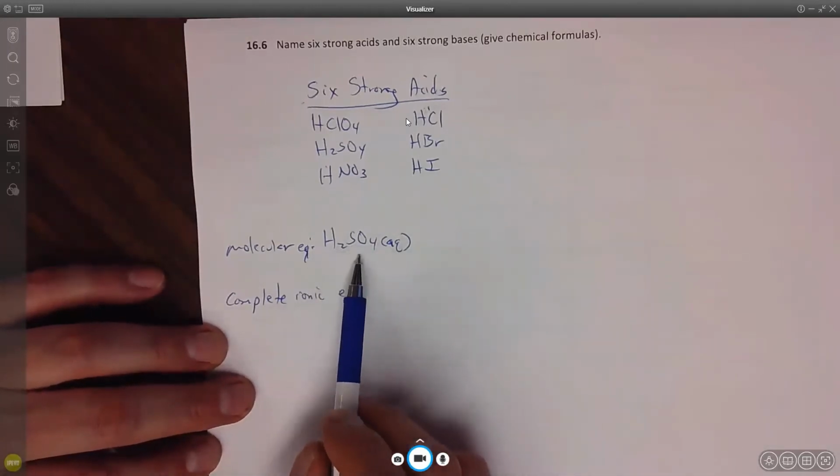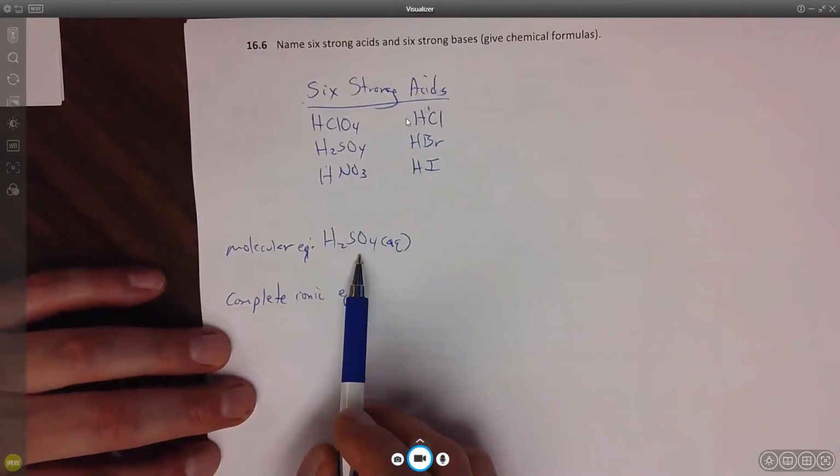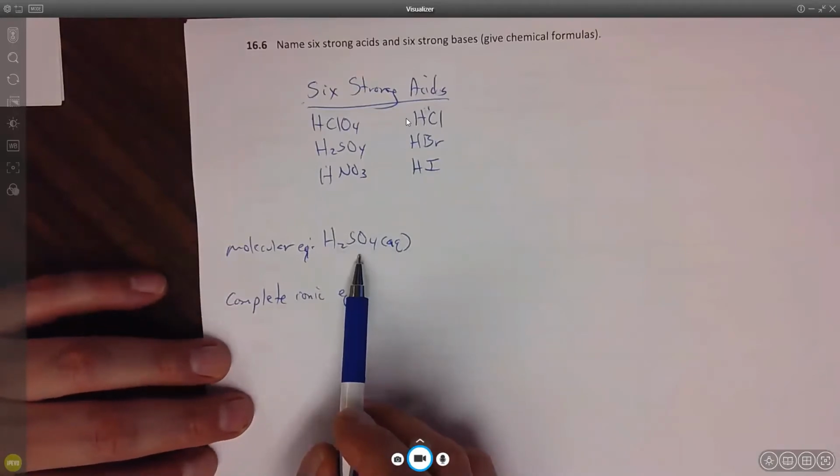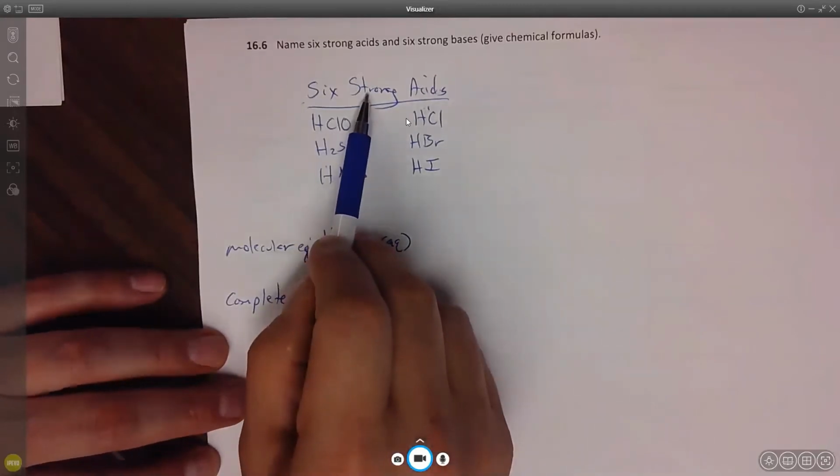Is sulfuric acid a strong electrolyte? Kaylee? Is it a strong electrolyte? Yeah, right? That's what the strong means for the 6 strong acids.